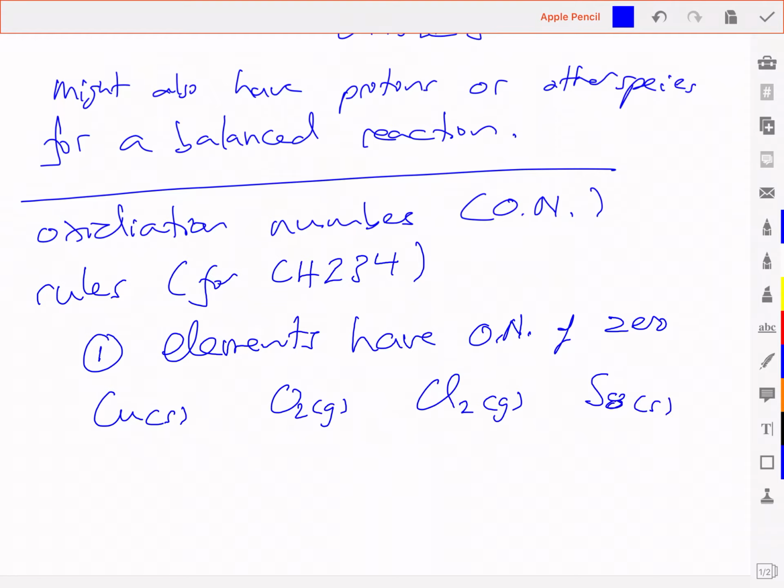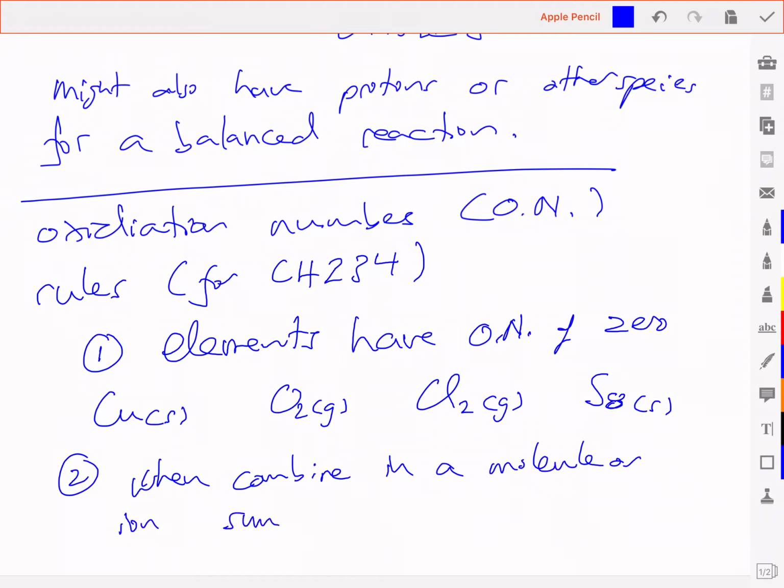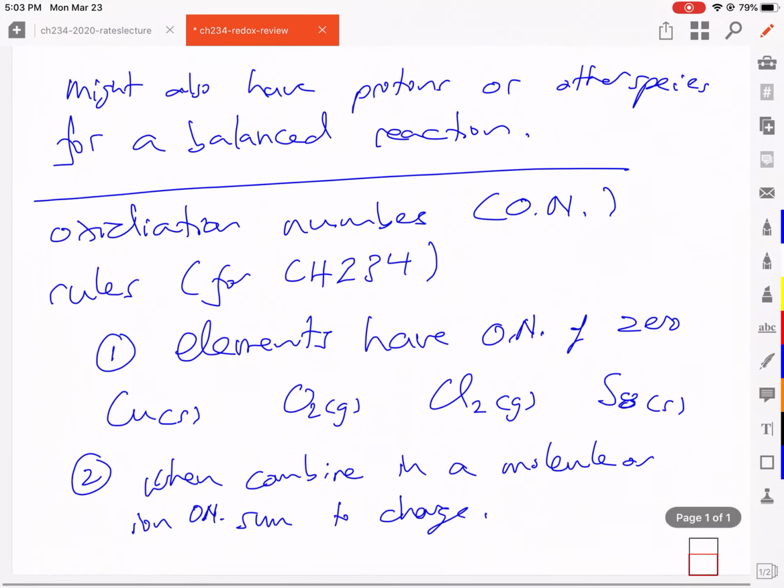There's actually 8 sulfurs. Doesn't matter how many. It's not combined with anything that's not sulfur. The oxidation number is 0. And then when you combine in a molecule or ion, the oxidation numbers sum to the charge. So for a molecule, they would sum to 0.